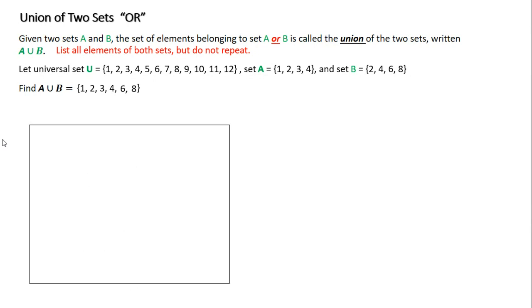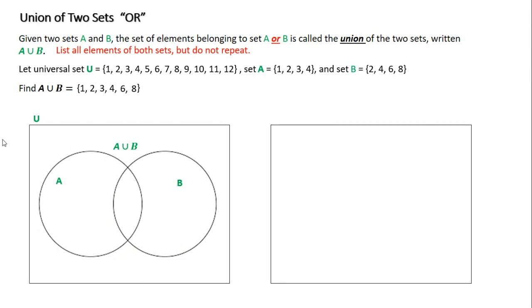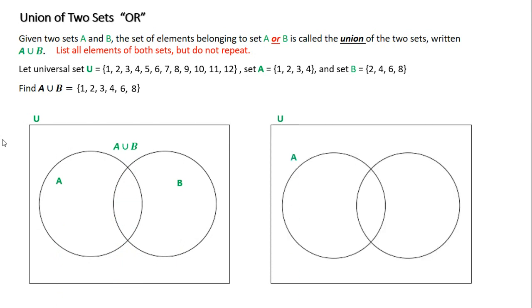All right, if I were to use a Venn diagram to give this answer, again, I have two sets, A and B. This would be A and this would be B. The union would be everything that's in both of these. When we write this with the numbers, our set A has the 1, 2, 3, and 4.